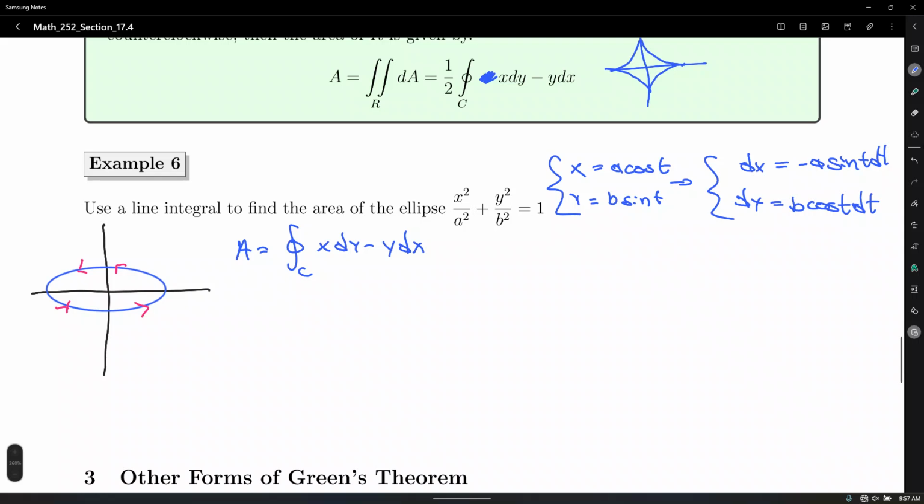So that's the integral of x, which is a cosine t, times dy, which is b cosine t dt, minus y, which is b sine t, times dx, which is negative a sine t dt.